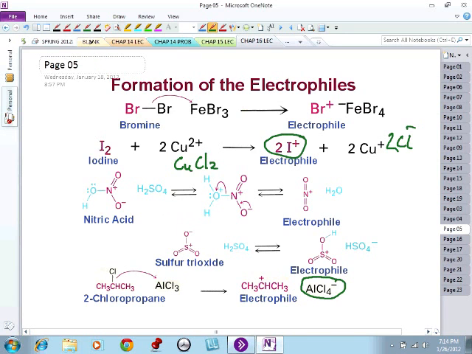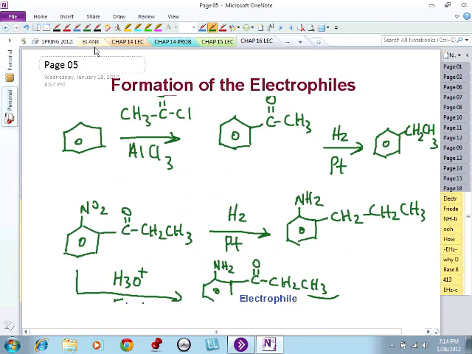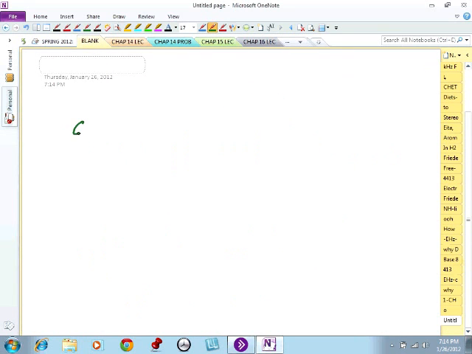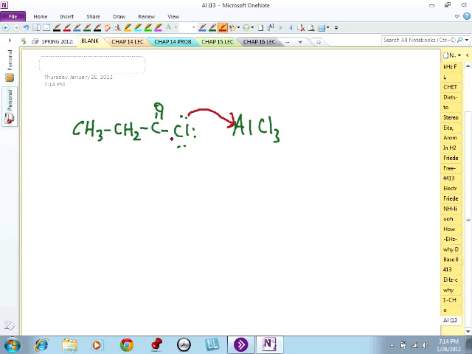Now in the case of Friedel-Crafts acylation, if you have this, and you have aluminum chloride. Okay, what happens here? This is a Lewis acid, draws this electron to itself, and in so doing will thereby weaken this bond.